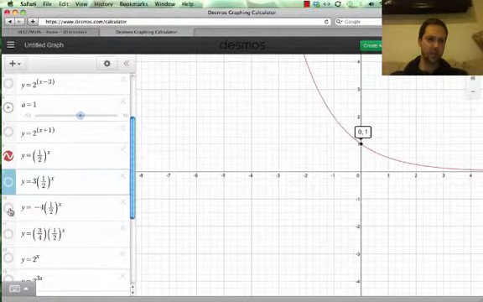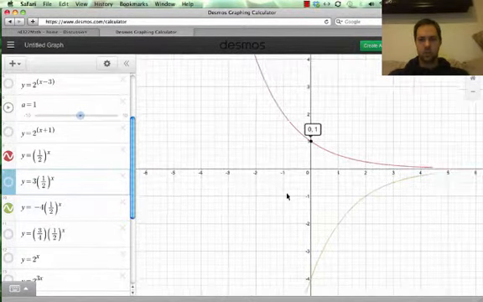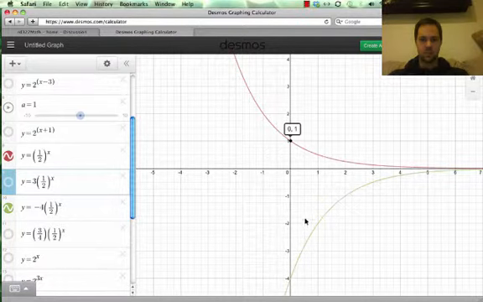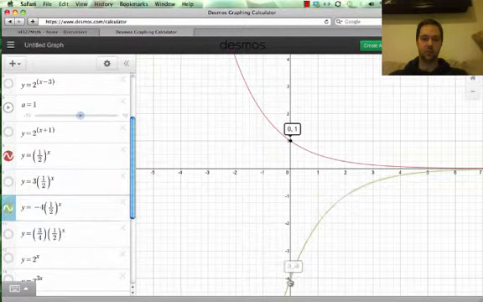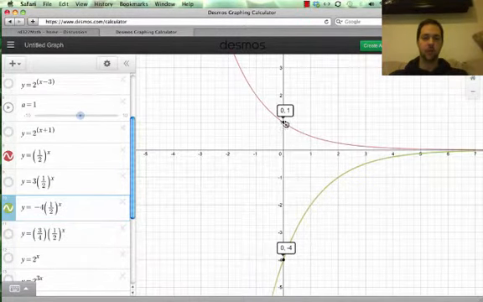So let's see what happens with a negative 4. When we have a negative a value, in previous types of functions a negative a value has always been a reflection of some kind. Let's see if that remains consistent with these ones, and we find out that it does. We have taken this graph and reflected it in the x-axis, and since it's 4, we have also applied a multiplicative stretch factor of 4.